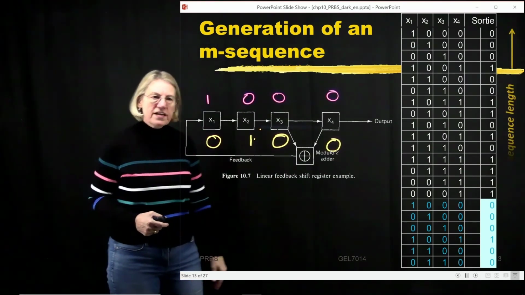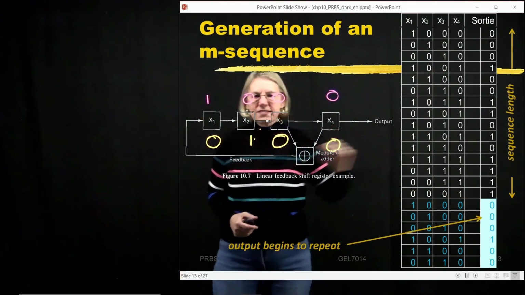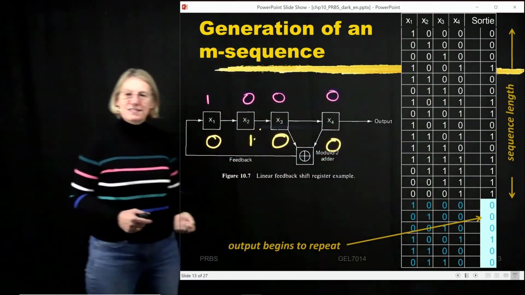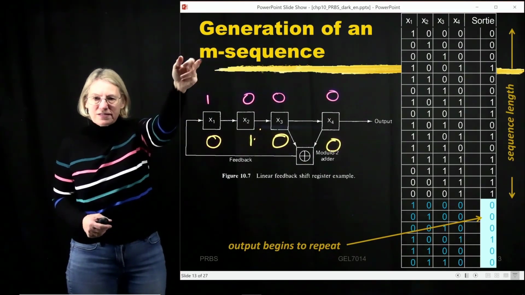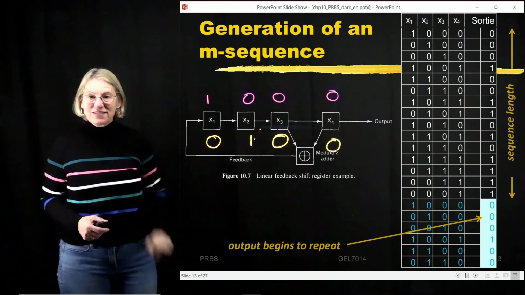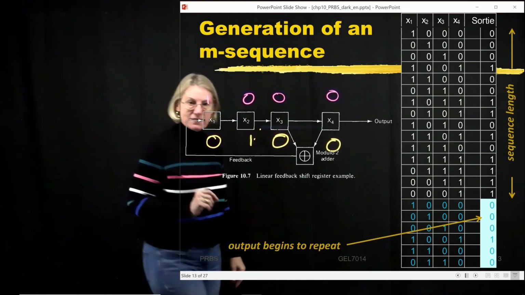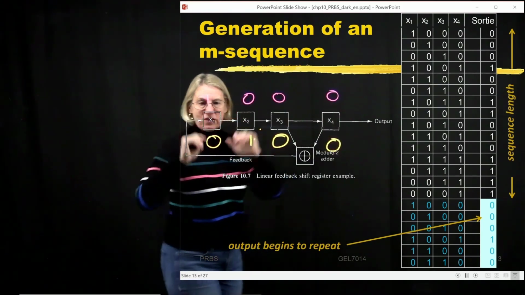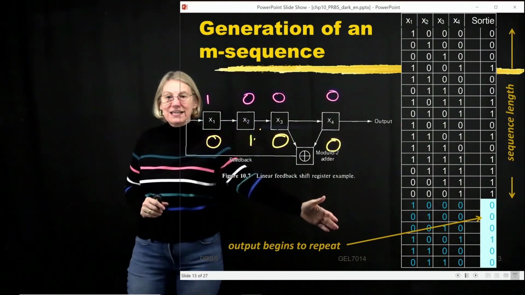So we call this the length of the sequence before the sequence starts to repeat itself, and we call this an M sequence. The M stands for maximal length sequence. If I start with 4 registers, how long a sequence can I get?